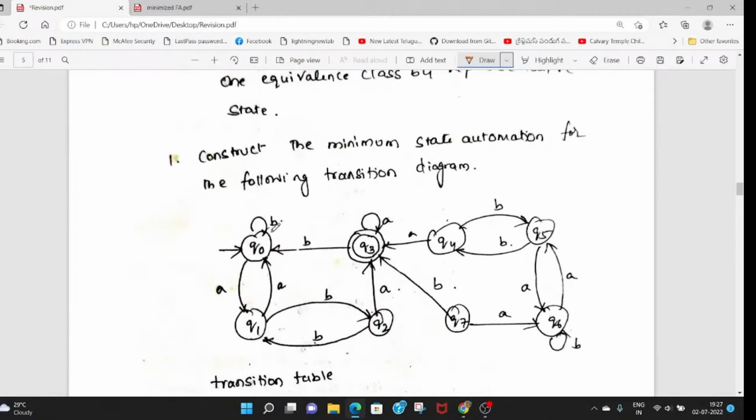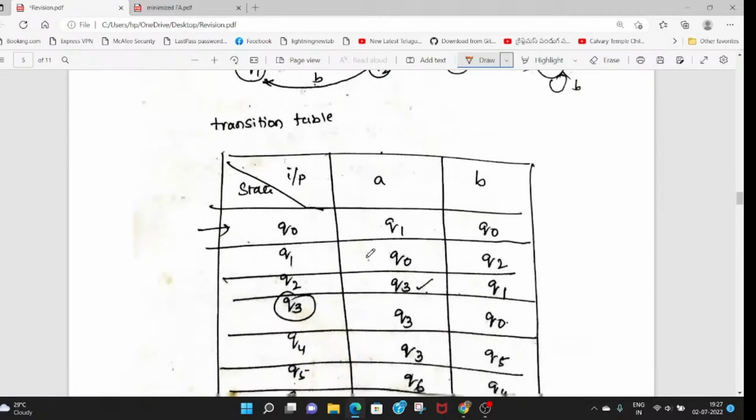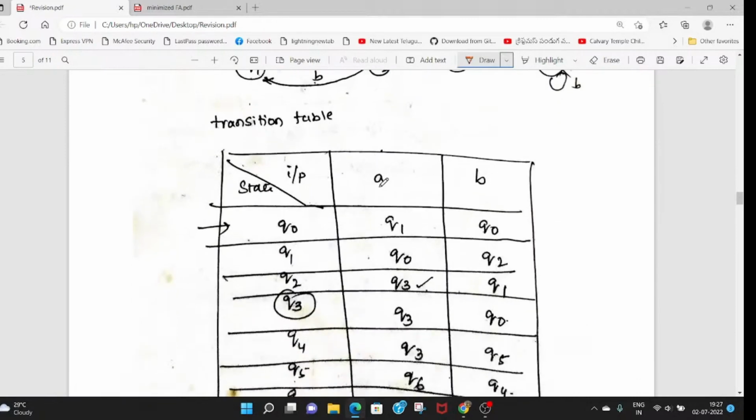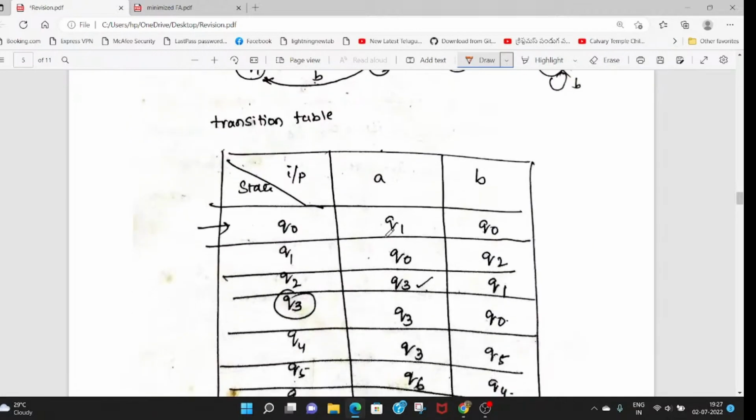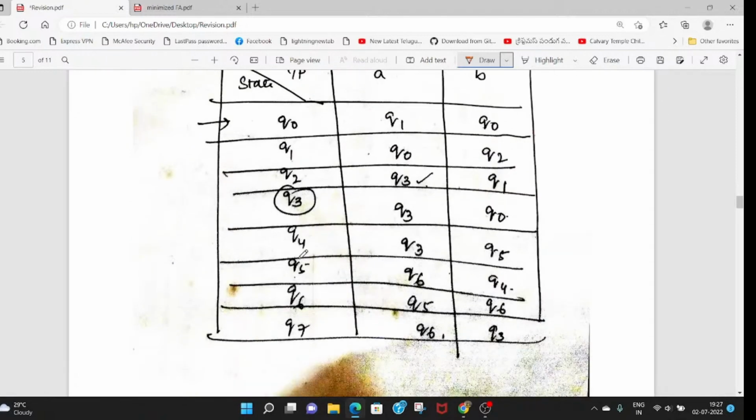Here I have two possible inputs, A and B. From that, I can write the states, like Q0 with A. You can see Q0 with A moves to the Q1 state. With Q0 with B, I am going to take the same state. You can write like that for all the states.